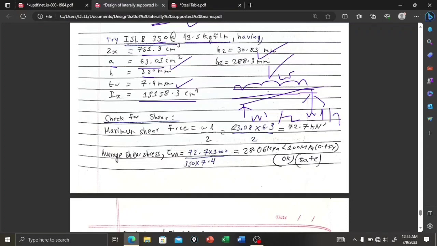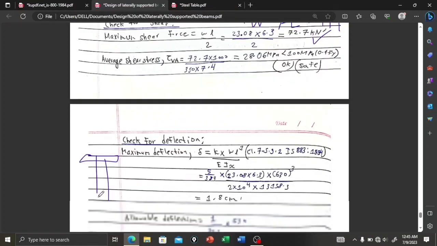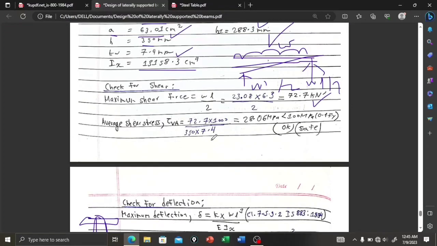So shear force will be WL divided by 2, that is 72.7 kN. Average shear stress is force divided by area. For I section, shear stress is resisted by the area that is depth into thickness of web. 72.7 kN over 350 into 7.4 gives 28.06 megapascal, which is less than 0.4 into 250, that is 100. So okay.